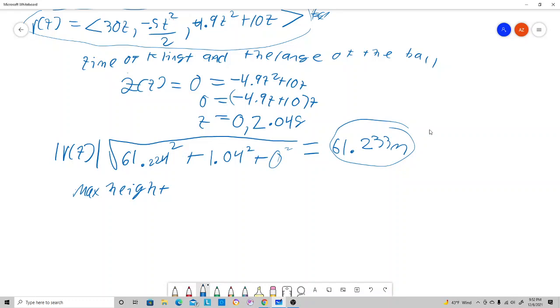So we take the z component of the derivative of the position and set it equal to 0. That's negative 9.8 t plus 30.